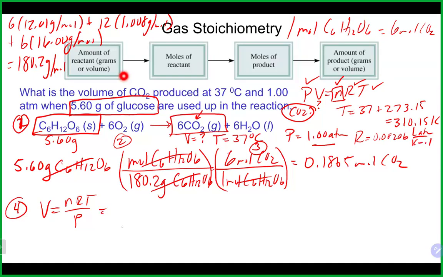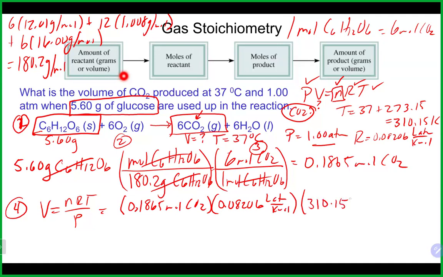So putting in our numbers, we end up with 0.1865 moles of CO2 times our R, our gas constant, 0.08206 liter atmosphere per Kelvin mole, times our temperature converted to Kelvin so everything properly cancels, all divided by our pressure of 1 atmosphere. The moles will cancel, the Kelvin will cancel, atmospheres will cancel.